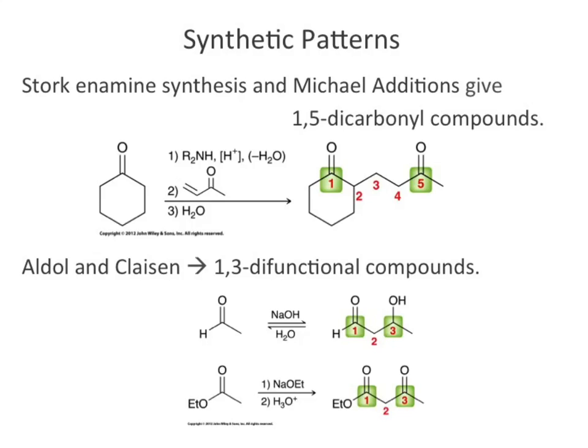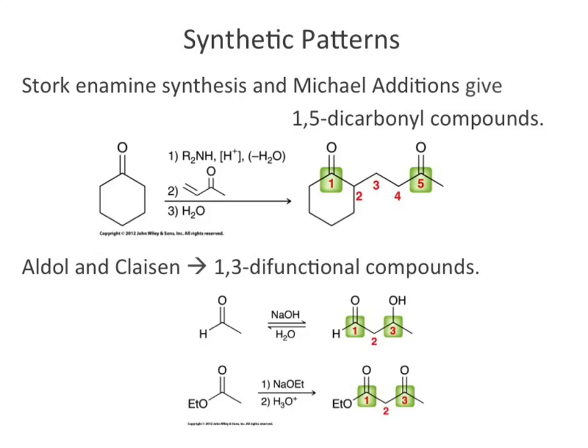If we look at the aldol and Claisen reactions, and for that matter, the Dieckmann and there's another weird one, I don't remember the other name of it, you end up with, again, a difunctional compound that is separated by a 1,3. So you get that chemistry again, but the carbon distance is now slightly different. 1,3 versus 1,5. So just slightly different chemistry coming out of each of those.